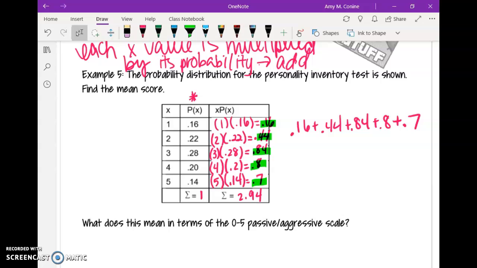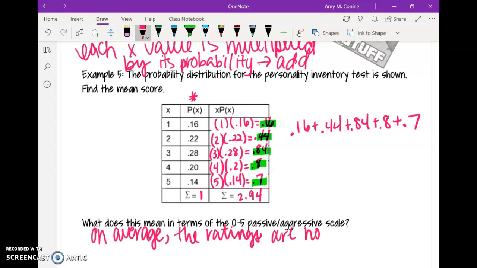So what does this mean in terms of our 0 to 5 passive aggressive scale? So what this means is on average, your ratings are not extreme either way.